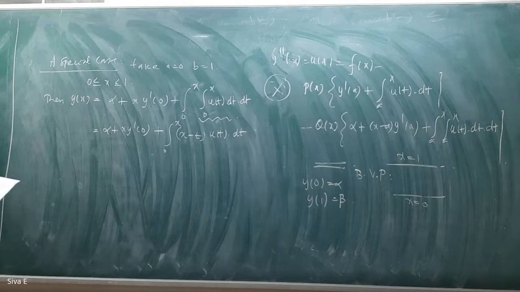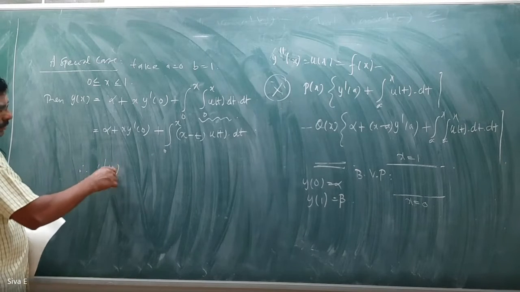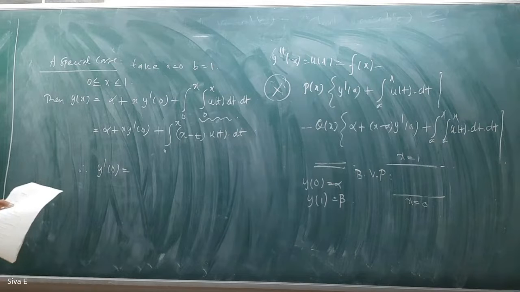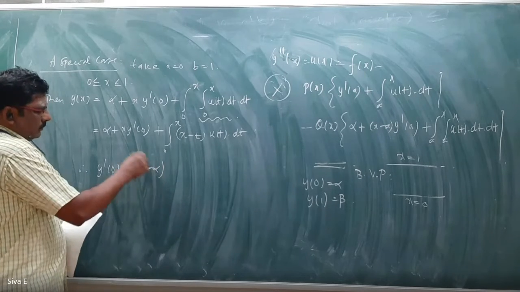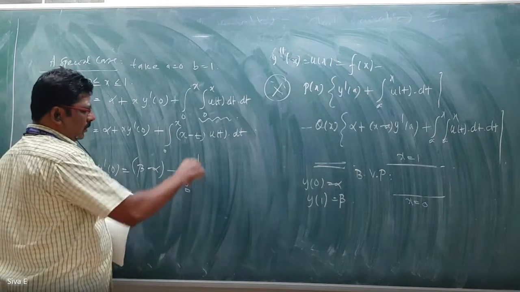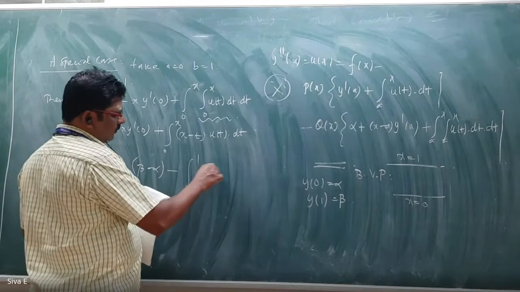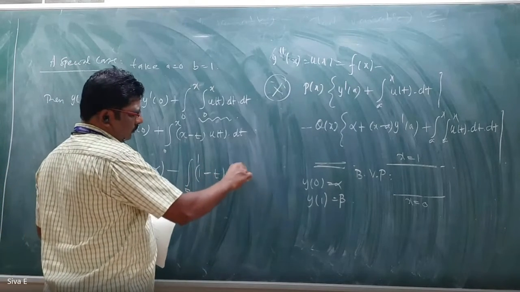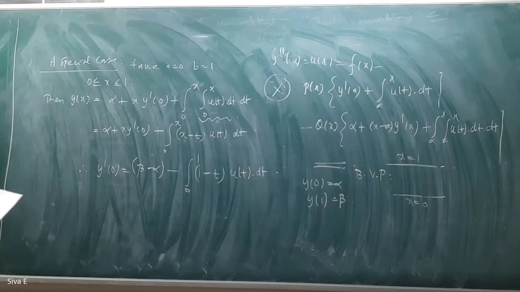So y dash of 0 equal to beta minus alpha minus integral 0 to 1, 1 minus t u of t dt.